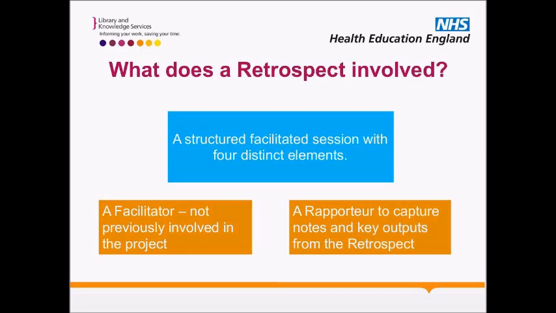I think these two roles are where library and knowledge service teams can probably offer the most assistance with a retrospect. The facilitator helps the team to reflect on their work and analyse why things did or didn't go well and formulate recommendations for the future based upon these. They help the team to remember, to discuss, to analyse and to agree. And those are the four key elements of a retrospect.